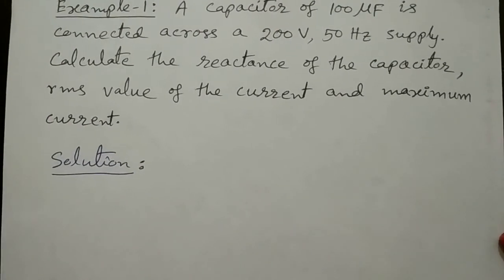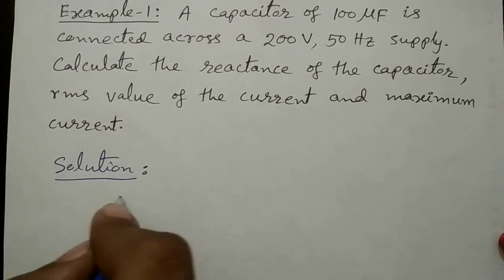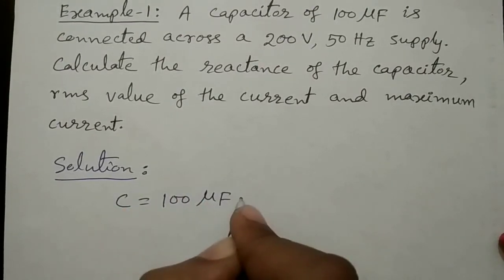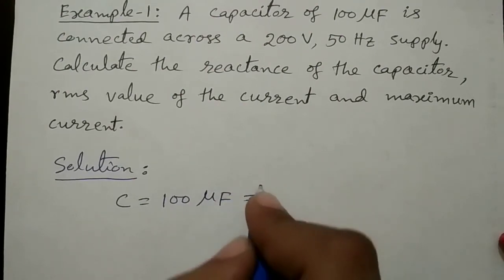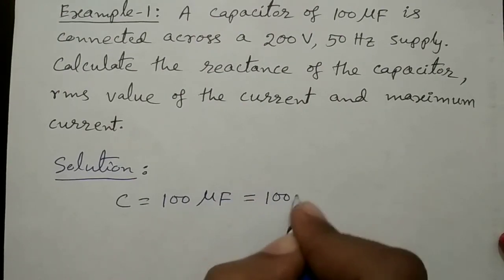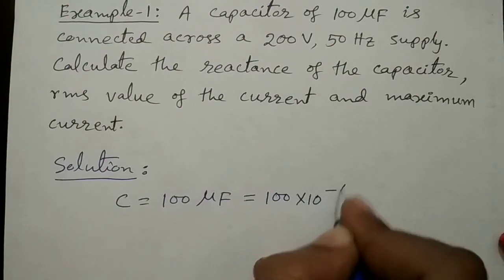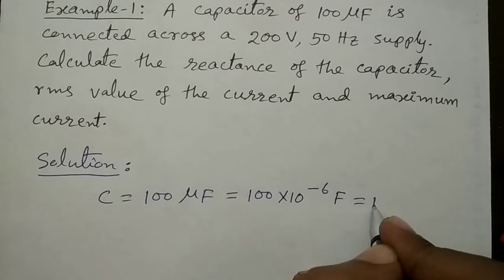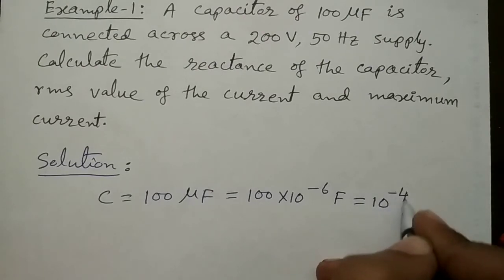Here the capacitor value is given as 100 microfarad. So first convert it to farad. So it will be 100 into 10 to the power minus 6 farad, or we can write 10 to the power minus 4 farad.